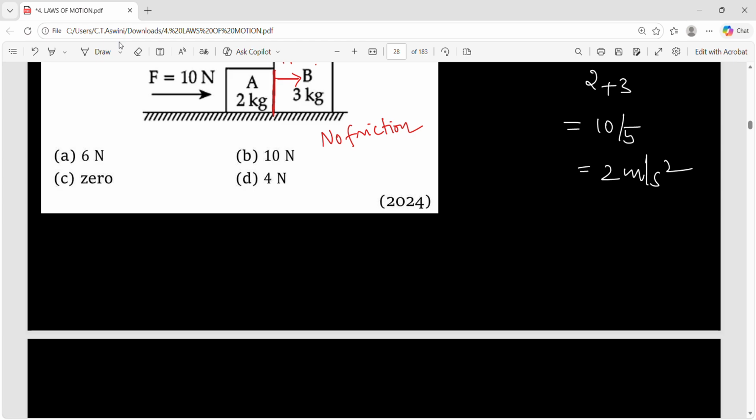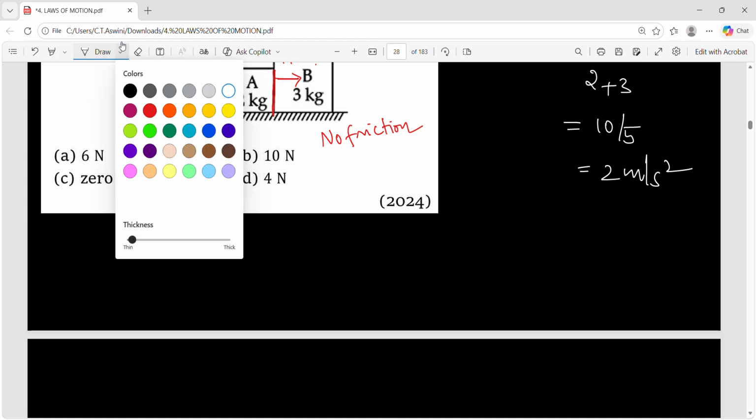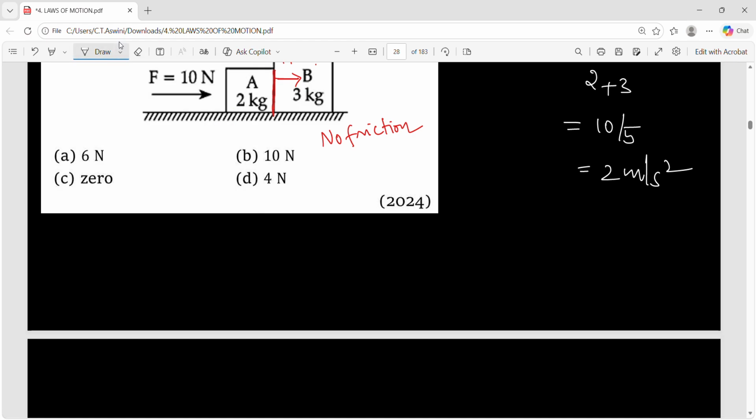And second step, what do we do? We have to take the free body diagrams. See, you can take for A or B, that is up to you. Whichever you take, no problem. So for simplicity, I'm just taking B. I'm taking the B block whose mass is 3 kg.